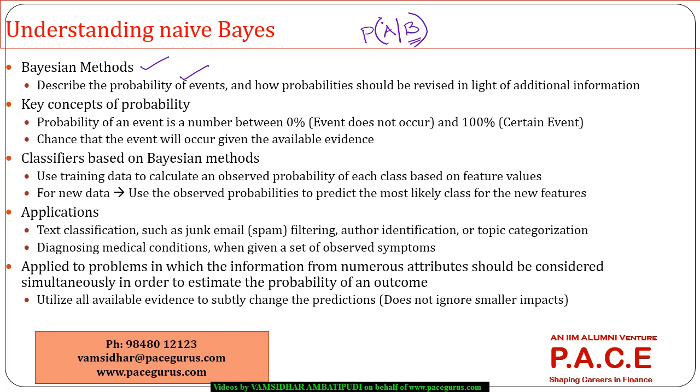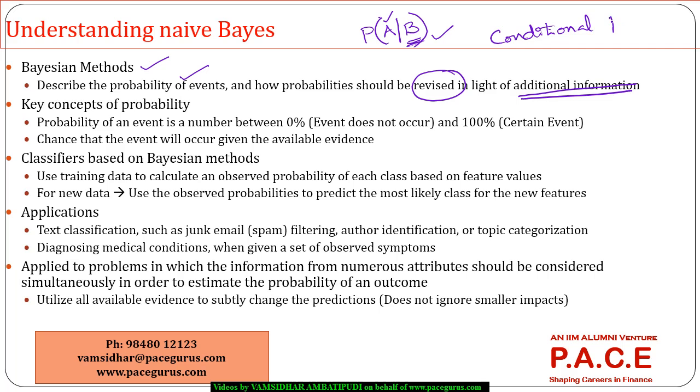So whenever we are talking about Bayesian methods, it's more like the probability of a particular event A, and how do I revise the probability of this A when I get additional information. The additional information is that the event B has already occurred. So those are conditional probabilities.